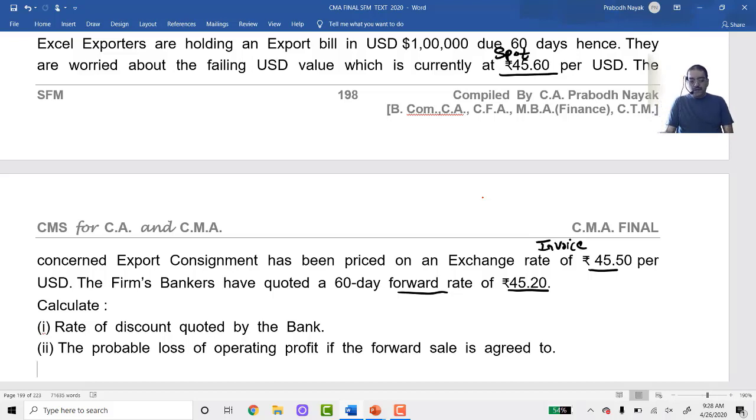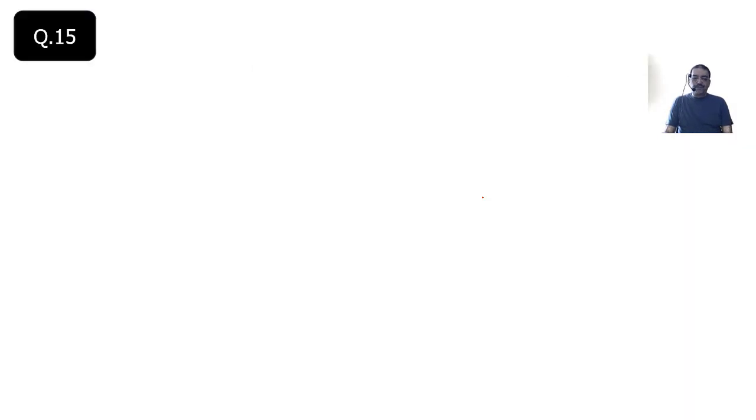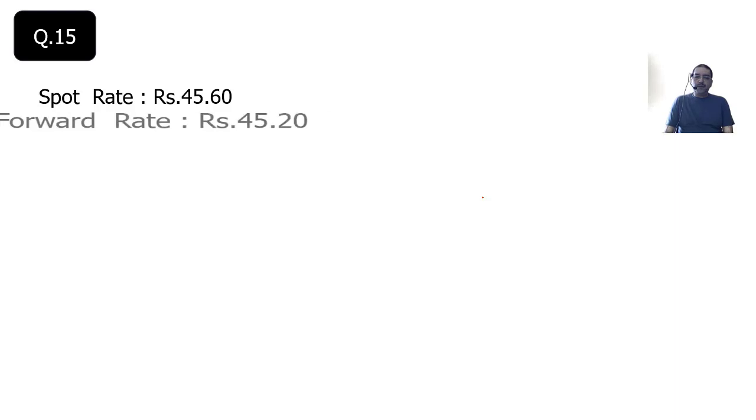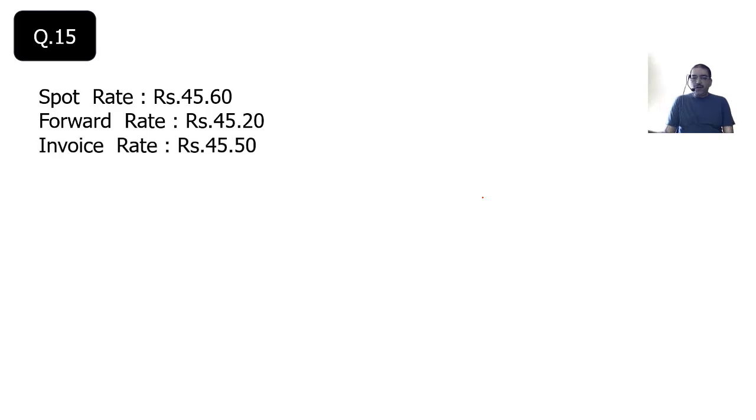So first let us write down the three rates which are given to us. Spot rate 45.6. Forward rate 45.2.